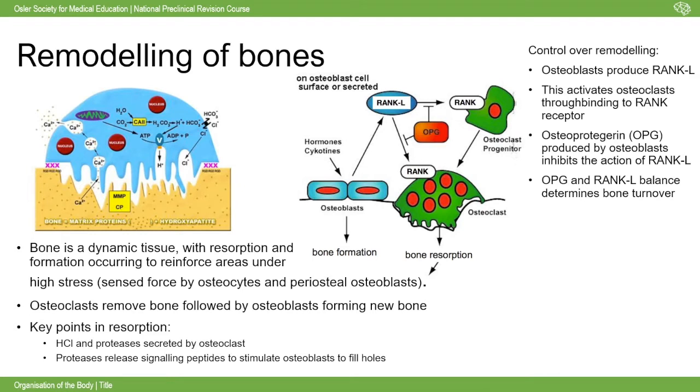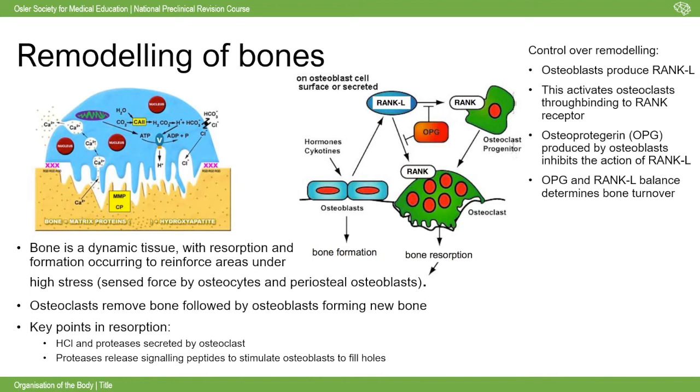We also have the proteases released by these osteoclasts, releasing signaling peptides to stimulate the osteoblasts to fill holes. It's no good having constant resorption of bone and dissolving all our bone with acid. We need to make sure that our osteoblasts are actually moving in to put down new cartilage, new extracellular matrix and new cells.